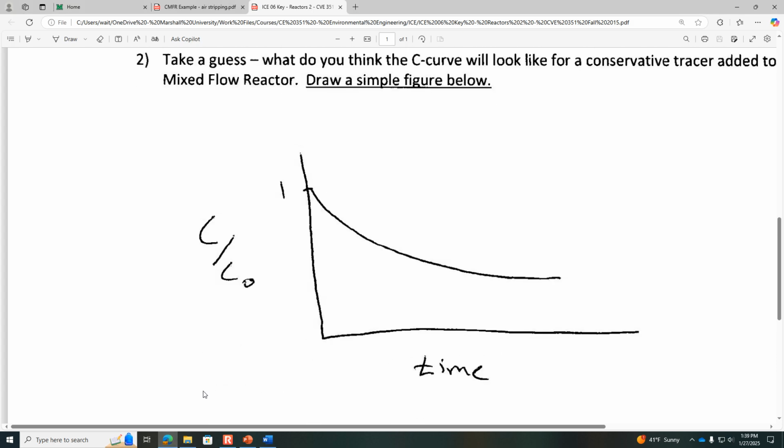This is what it'll look like. It starts at 1, and it's going to be gradually going down as you're flushing it out of the reactor. So it'll have this characteristic shape.